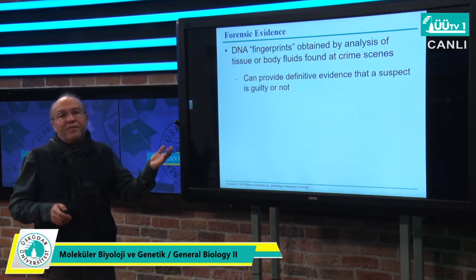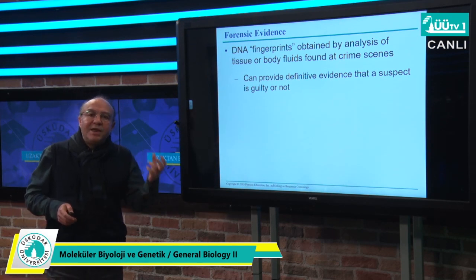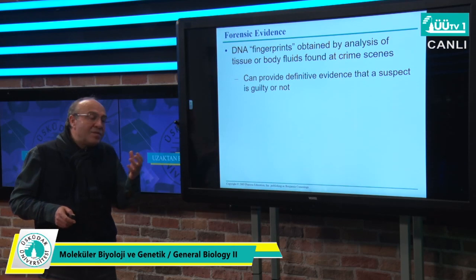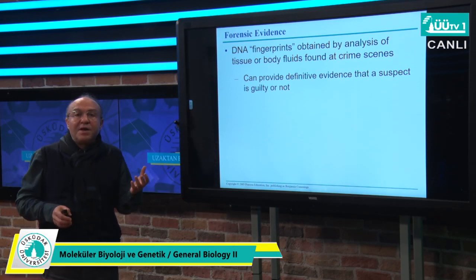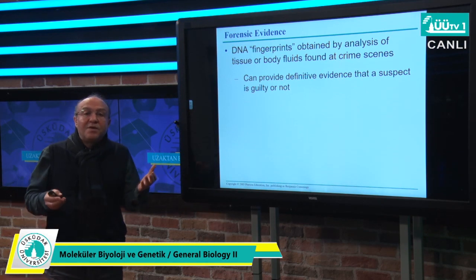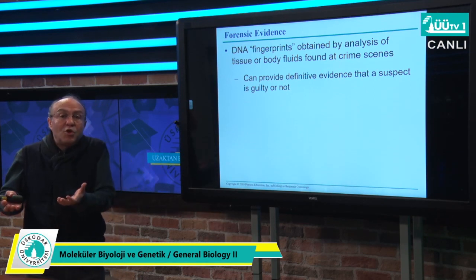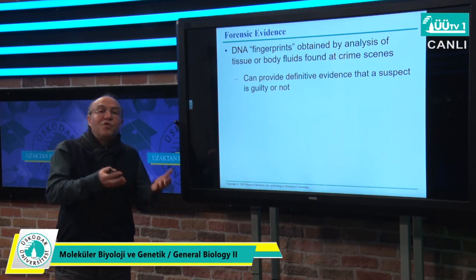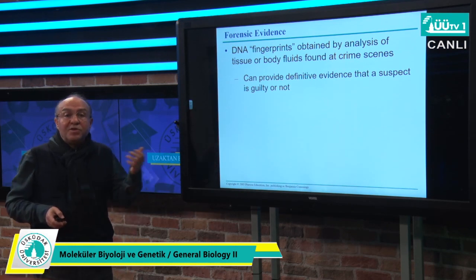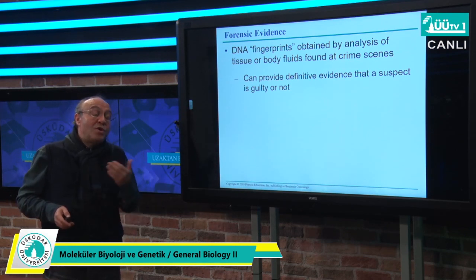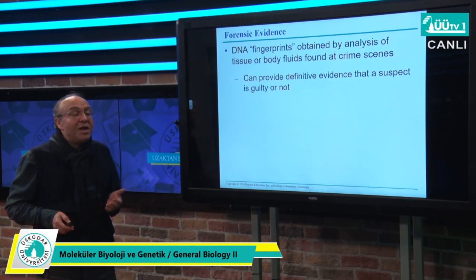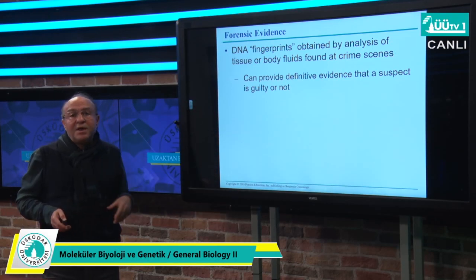Then we can find the real guilty person. Sometimes people are condemned for a crime when there wasn't any clue, and they were just judged and jailed for tens of years. But now we are using DNA technology.